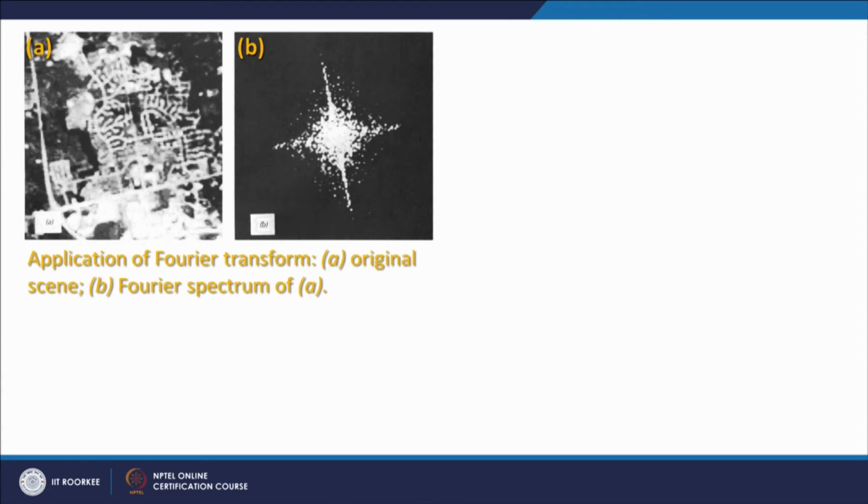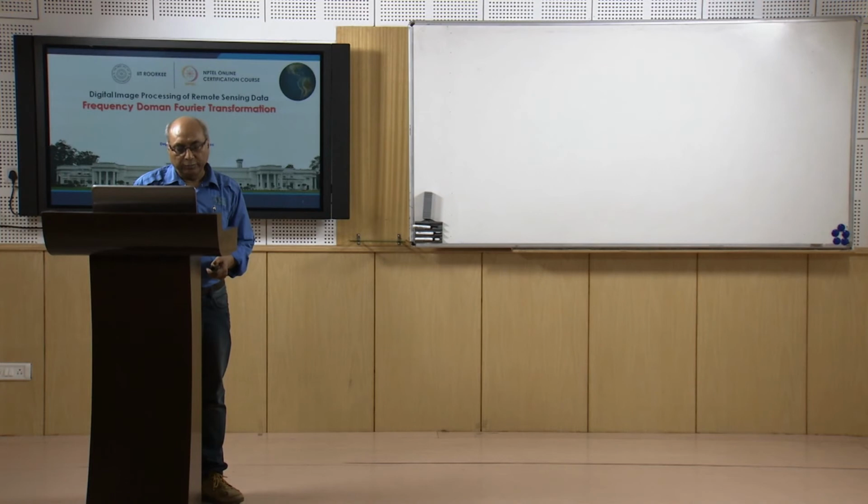Now if we want to filter, we know which direction, so it becomes very easy. If we want to filter the features which are roughly in the north-south, south-southeast direction, then we will remove these from the Fourier spectrum.